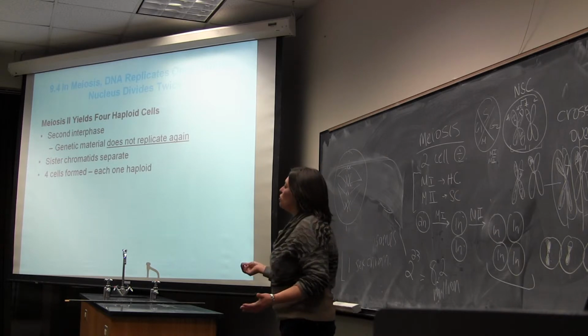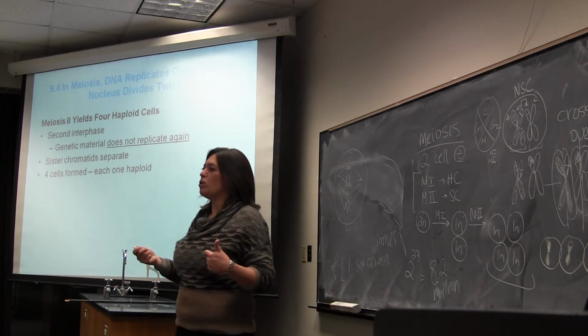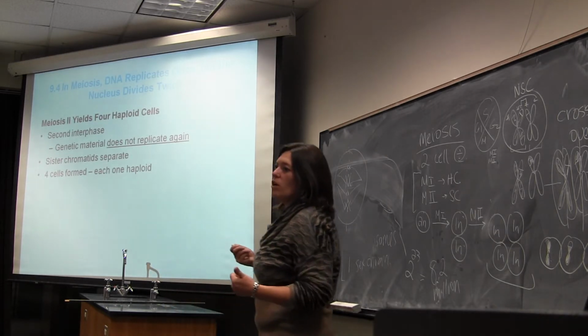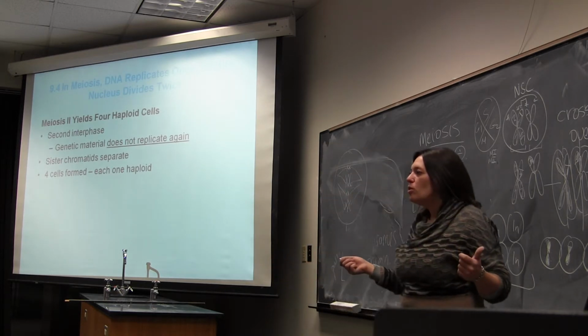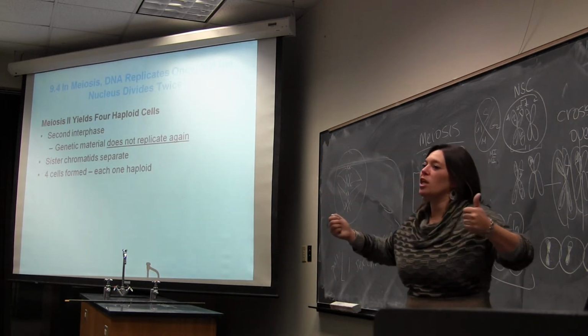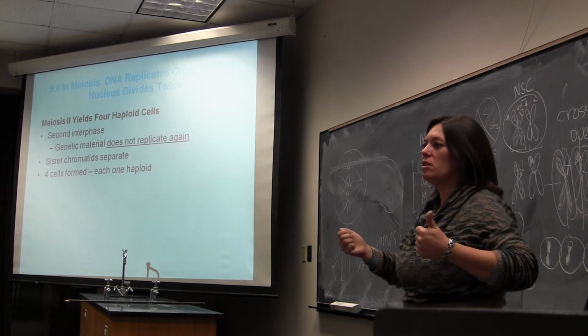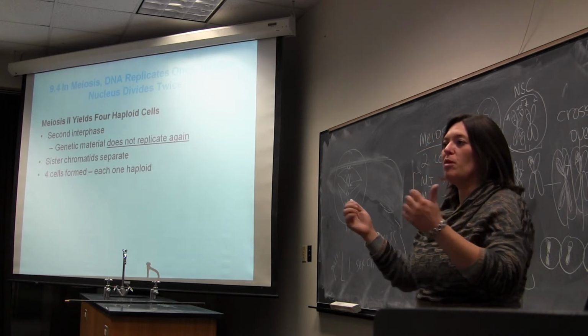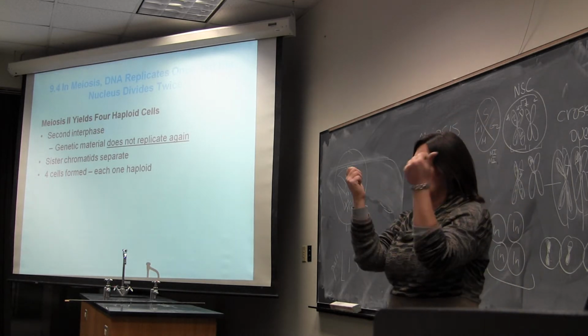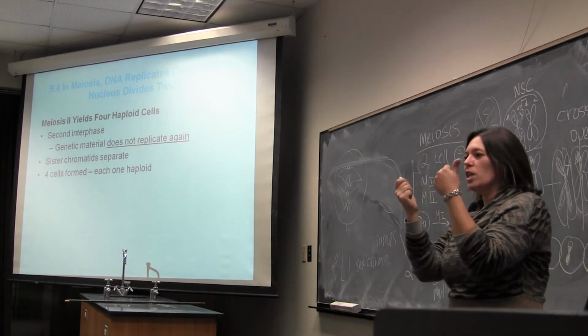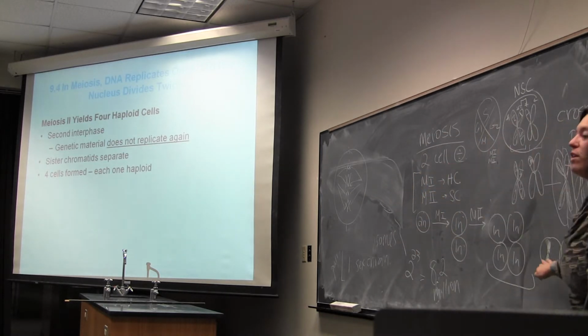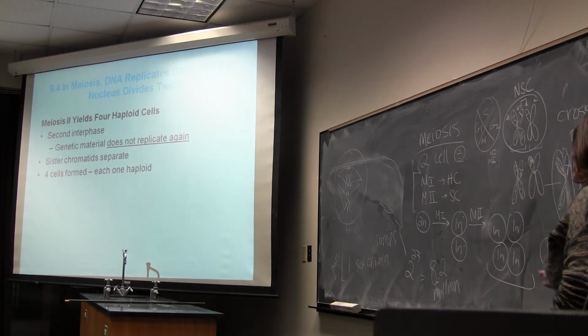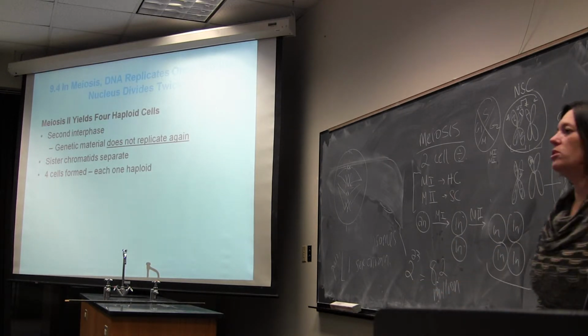So in meiosis 2, instead of separating the homologous chromosomes, you already did that in meiosis 1. Now what you're doing is splitting those sister chromatids from one another. And remember, you've already gone through crossing over, so those sister chromatids are more than likely going to be 2 different versions of one another, which is how we end up getting 4 different cells, all that are genetically different.